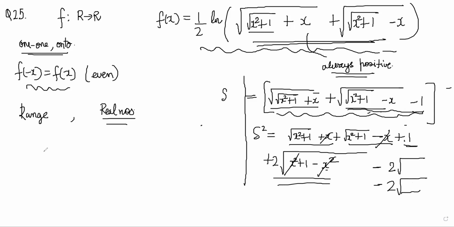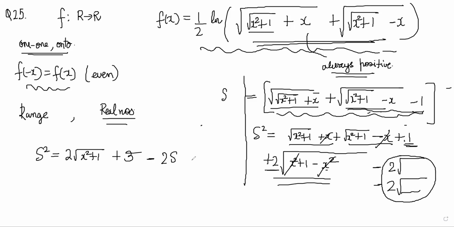You're getting s square is equal to 2 times root over x square plus 1 plus 3, 2 from here and 1 here, minus 2 times s. This is 2 times s, right?